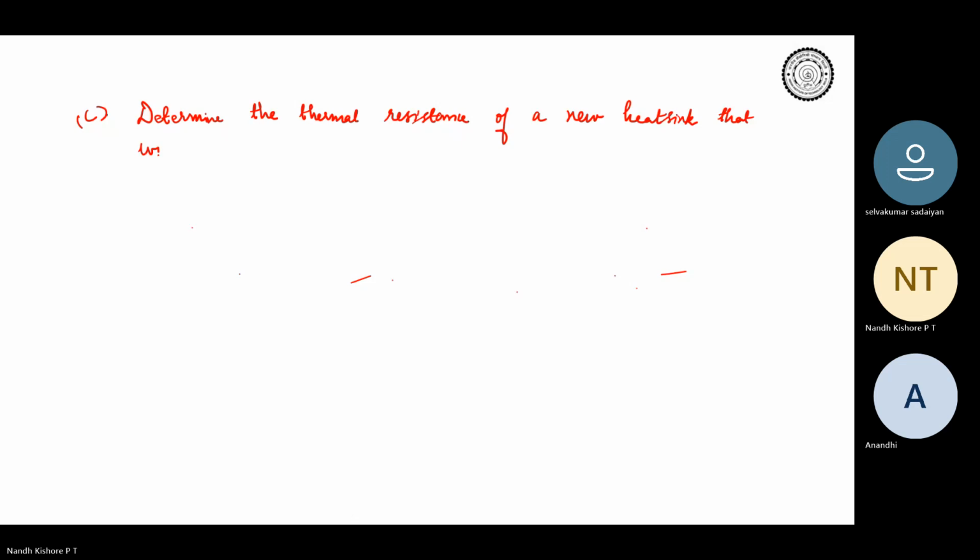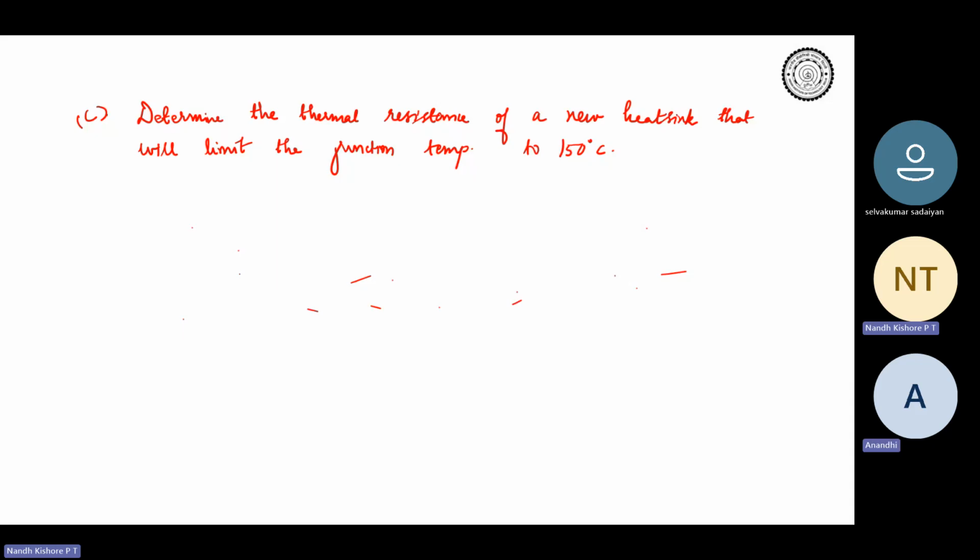The last part is: determine the thermal resistance of a new heatsink that will limit the junction temperature to 150 degrees. Are you understanding the flow of the question?